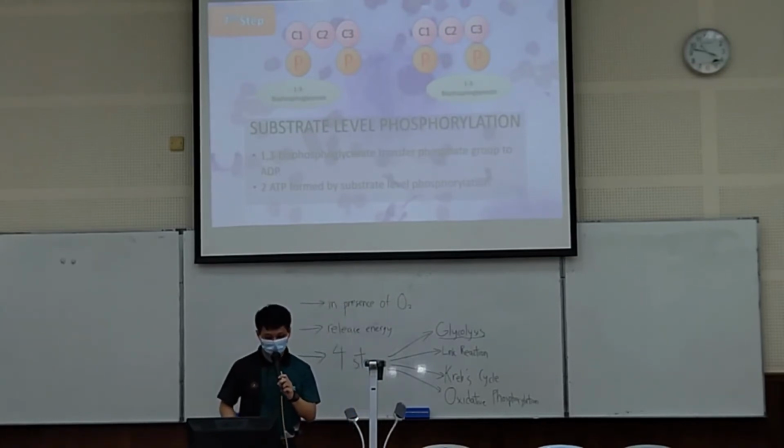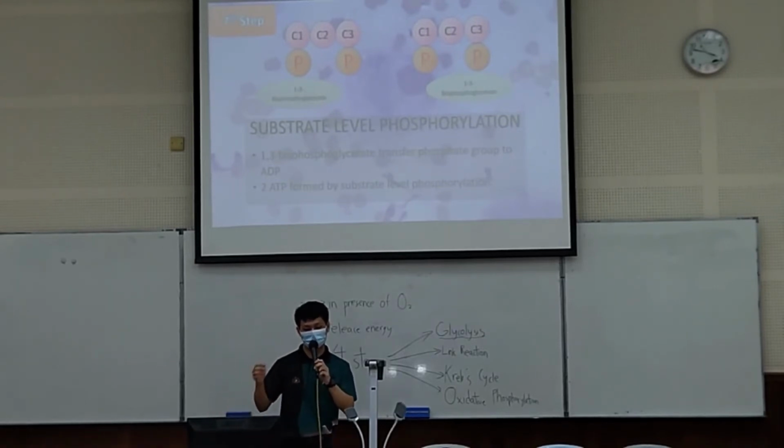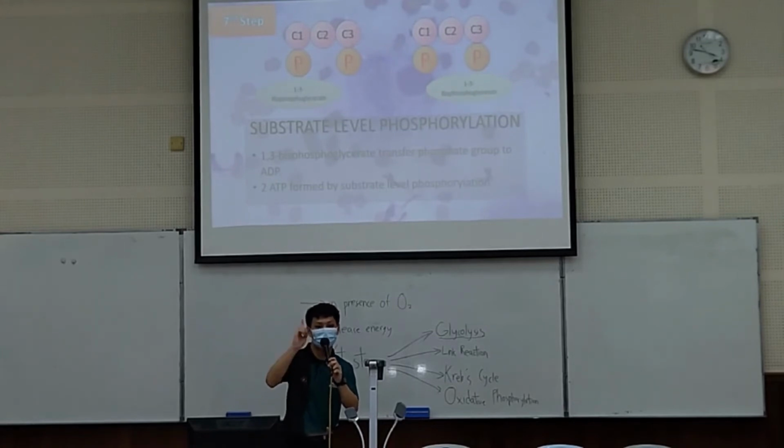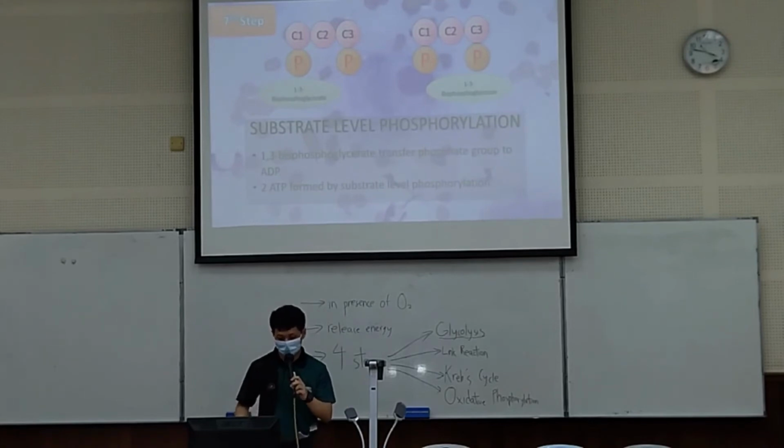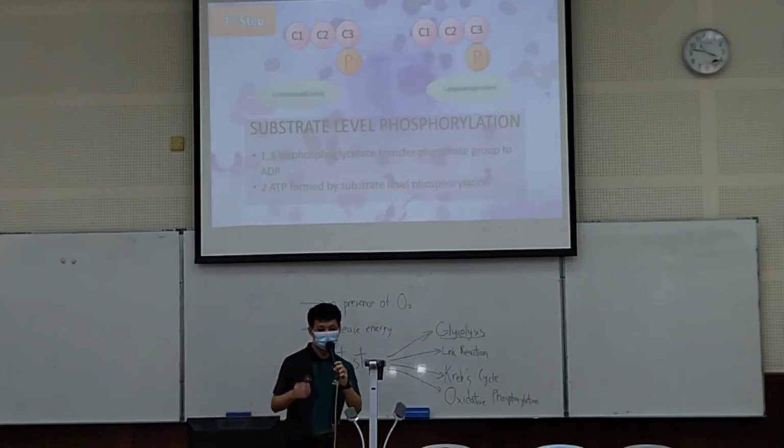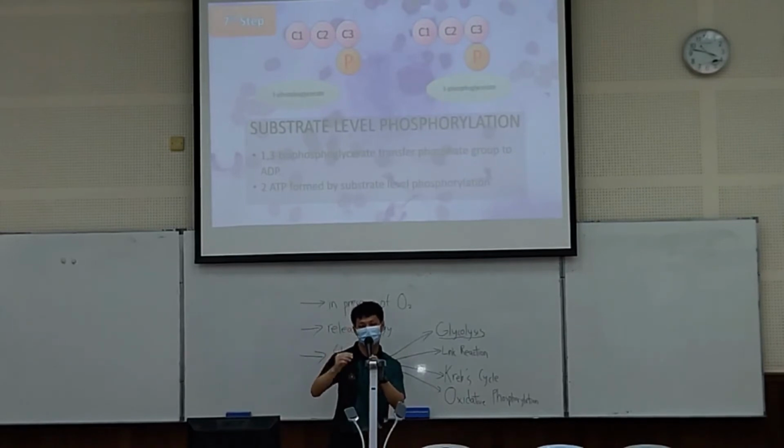During this stage, our 1,3-bisphosphoglycerate, remember we have two, each of them is going to transfer one phosphate group to ADP, forming 3-phosphoglycerate, because they remove the phosphate atom previously located on the first carbon atom.